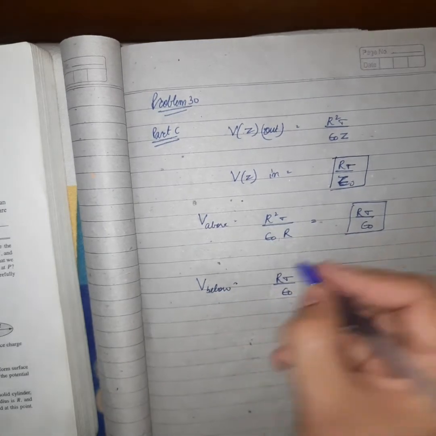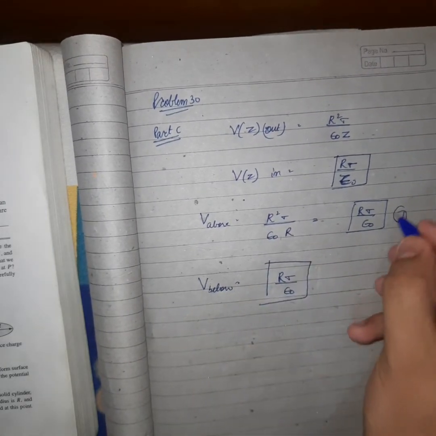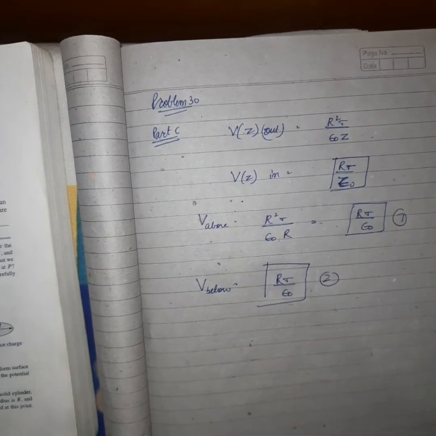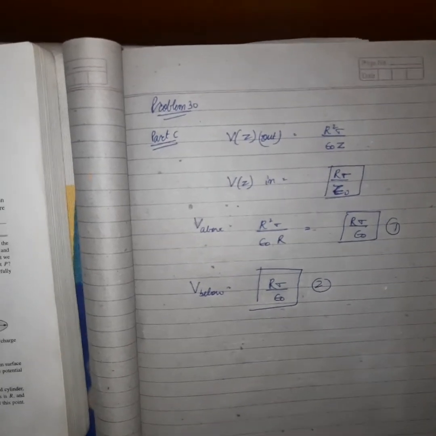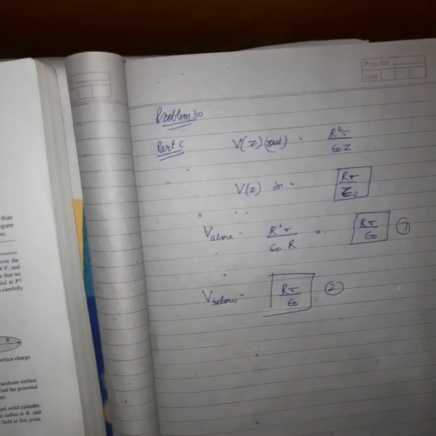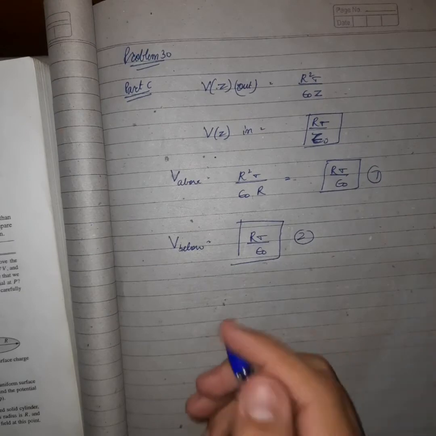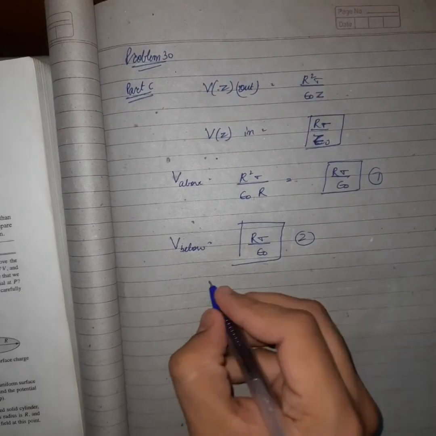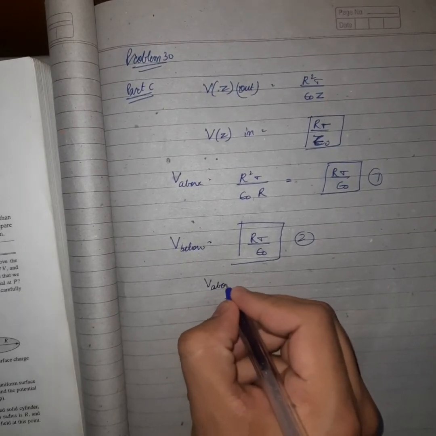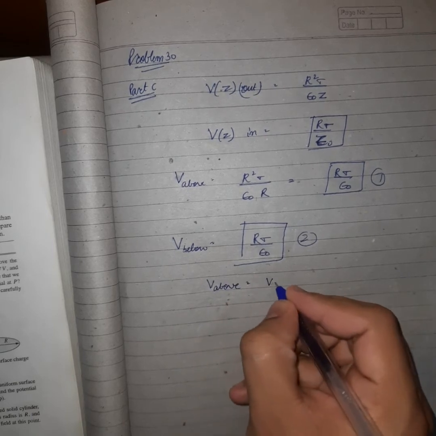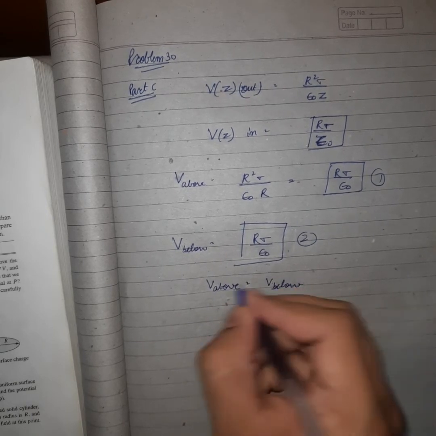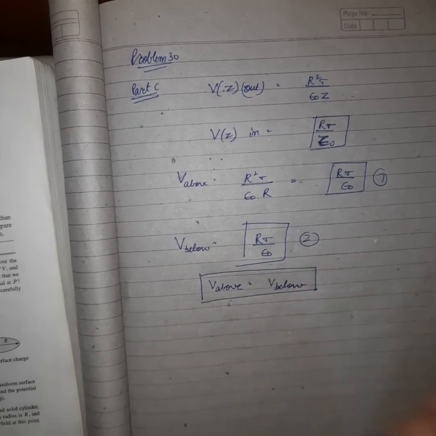So from 1 and 2 we can see that V above is equal to V below. So equation number 34 is satisfied here.